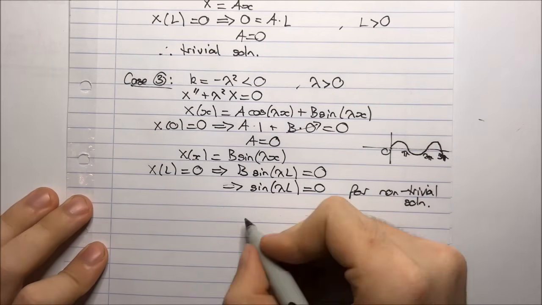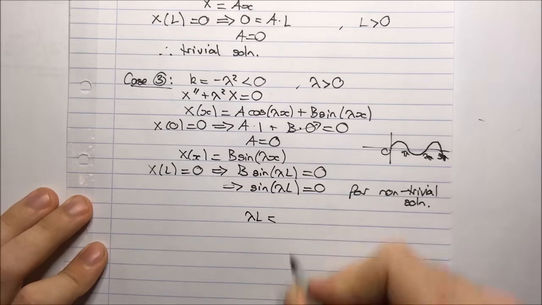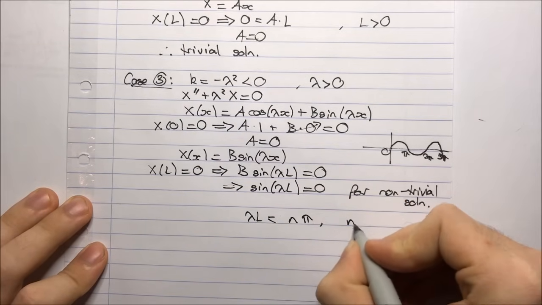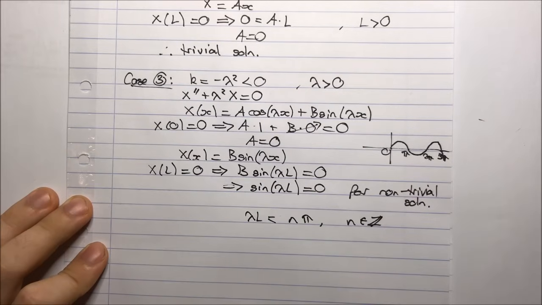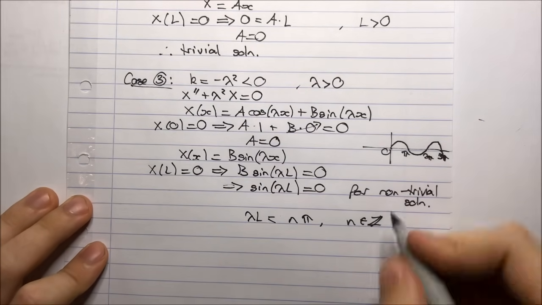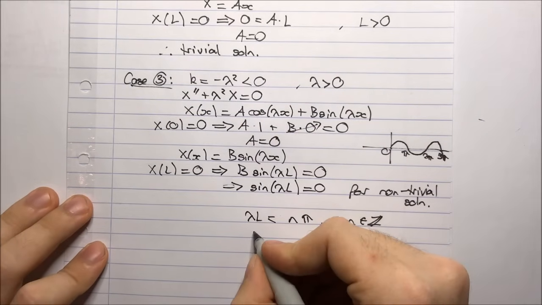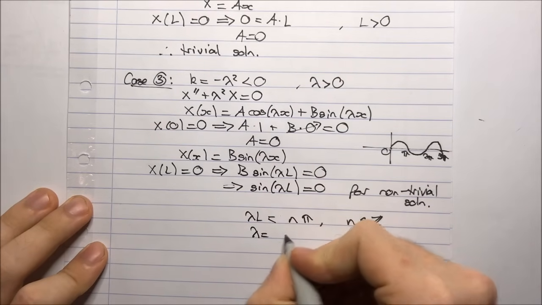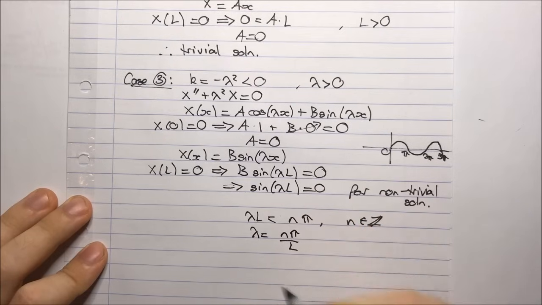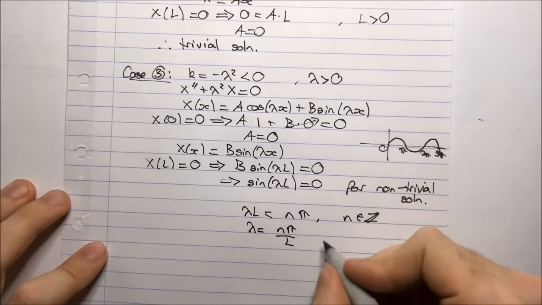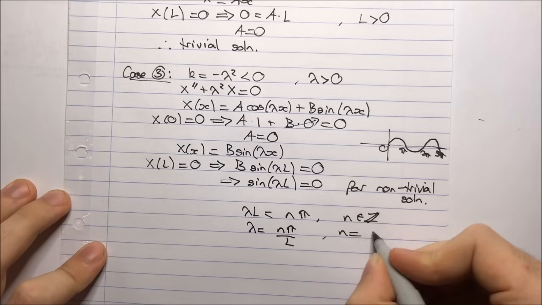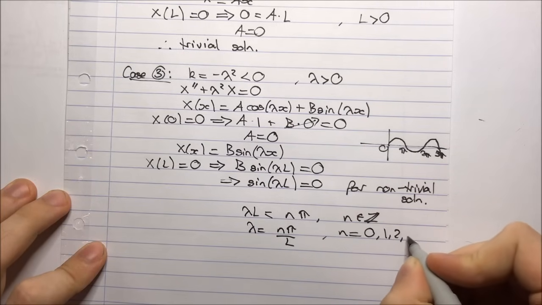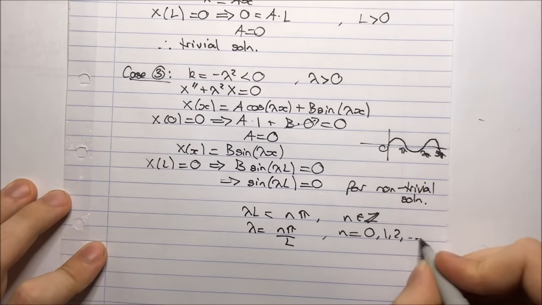Therefore λL equals nπ, where n is an integer, and therefore we're looking for values of lambda. So λ equals nπ over L, where n is an integer, or I could say 0, 1, 2, etc.